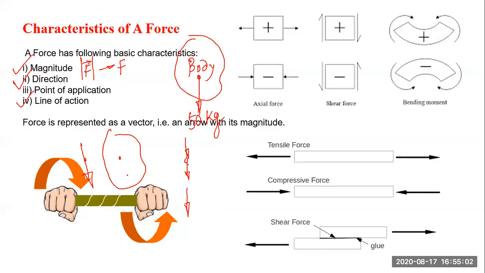Because in particle mechanics, we assume that all the mass of the body is concentrated on a single particle or single point. So the point of application is very important for a rigid body or a mass body. But for a point body, maybe no meaning.